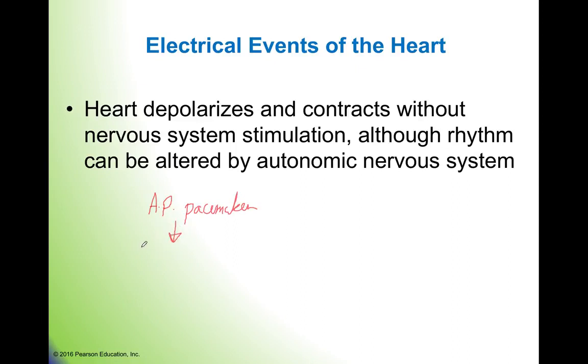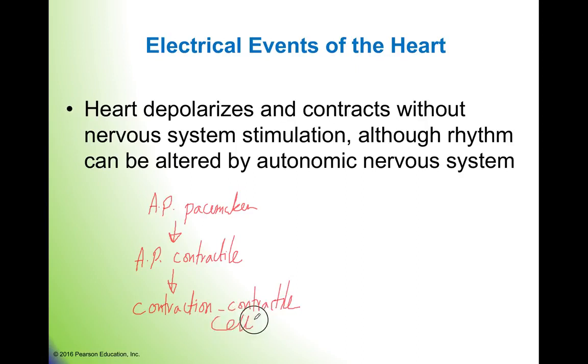That is leading to action potential that is created in your contractile cells, and that eventually leads to muscle contraction of your, logically, your contractile cells. Cells, not an E.